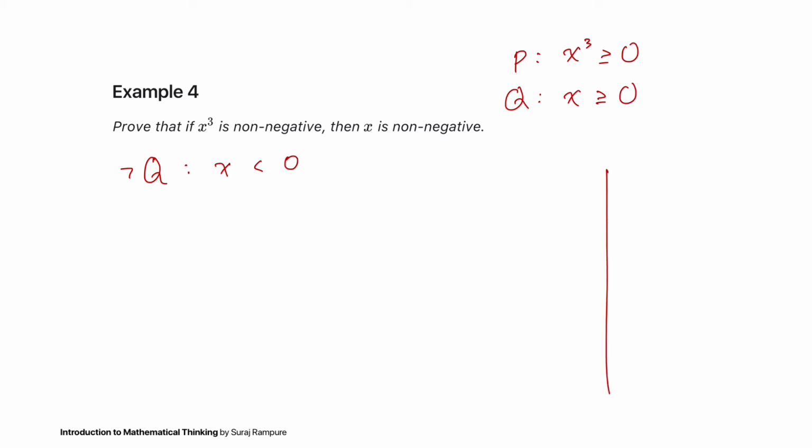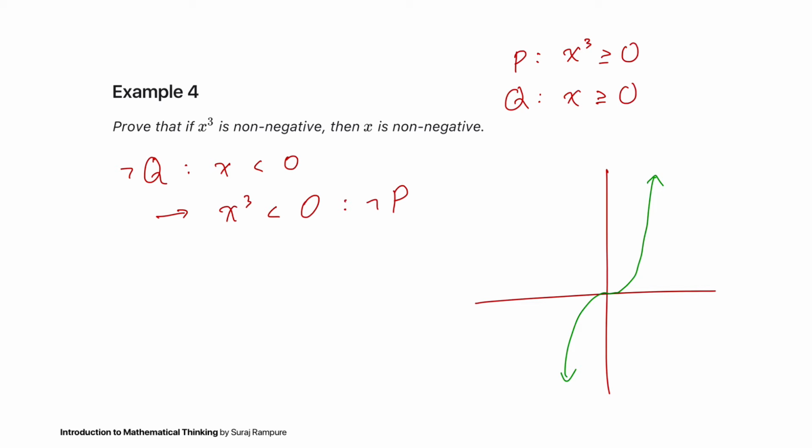You don't really have to draw this graph, but it looks something like that. And if x is negative, clearly x cubed is negative. So this implies that x cubed is also negative. But that's exactly not P.